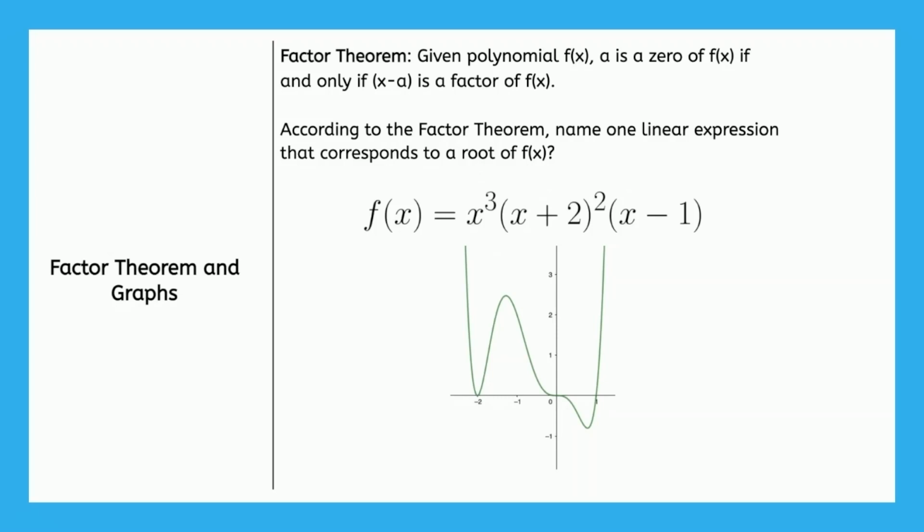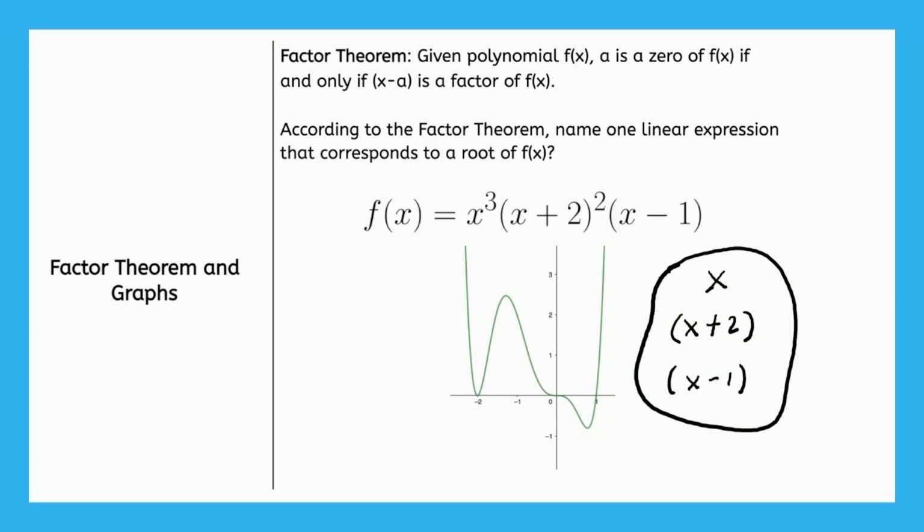So when they say name one linear expression that corresponds to a root of f of x, your answer could be x because of x cubed, or x plus 2 because of (x + 2) squared in the original function, or x minus 1 because of x minus 1 in the original function. All three of these would be possible answers because all three are factors of our original function.